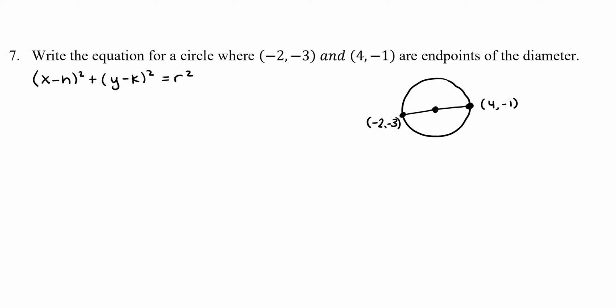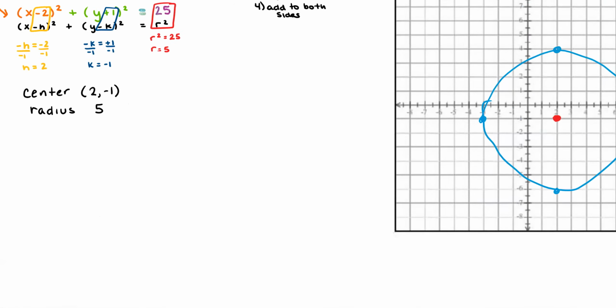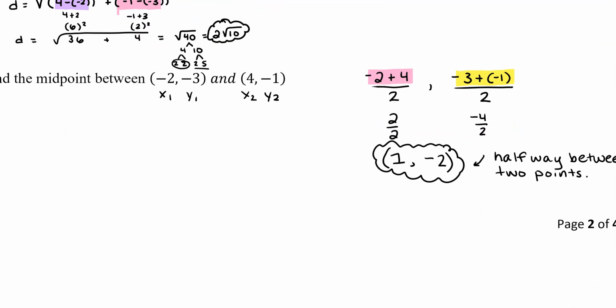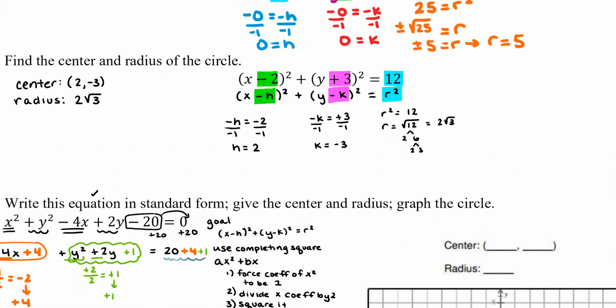So for this guy, I think we could find that center because the center is the midpoint of the diameter. Now, I know you probably don't remember, but we actually did the midpoint of these 2 points a couple pages ago, right? The midpoint was (1, -2), so this is page 2, so I'm just going to write that.